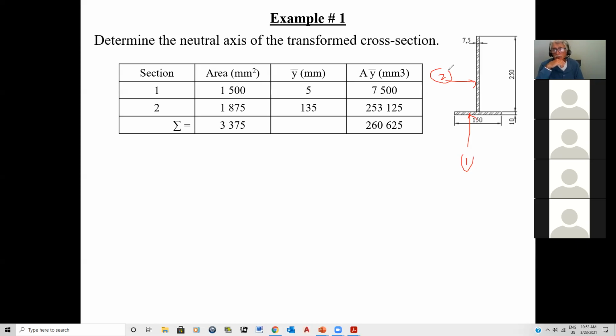What's the second thing you have to establish? Does anybody remember?